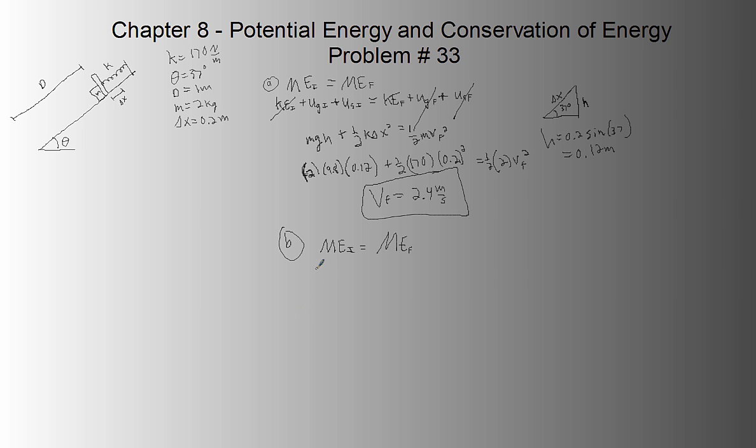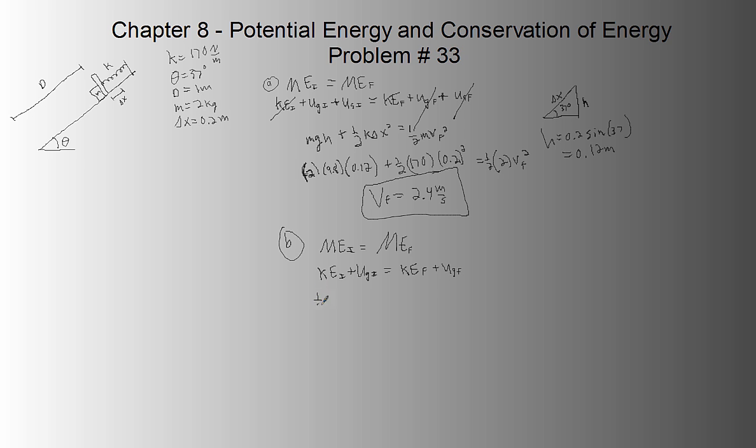Anyway, this is just kinetic energy initial plus gravitational initial, and no spring, because we're going from right when it leaves the spring to the bottom, basically just from here to here, D. That equals KE final plus UG final.